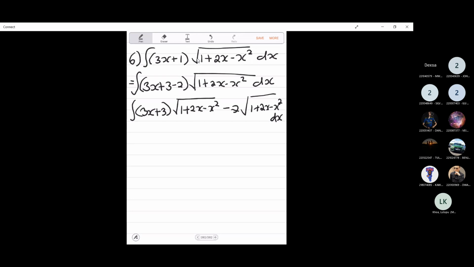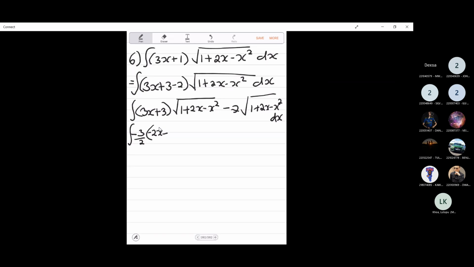Okay, then here this has to be -2, so we factor out the 3 and then divide by -2. So we have the integral of -3/2 times -2x minus 2 times the square root of 1 plus 2x minus x squared. That is our first one that we'll integrate.